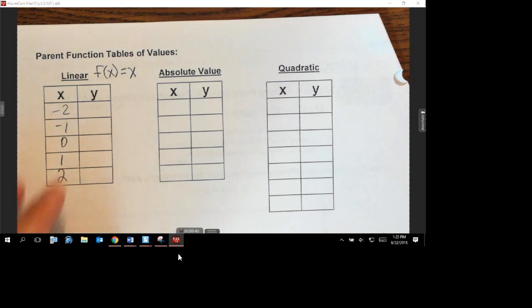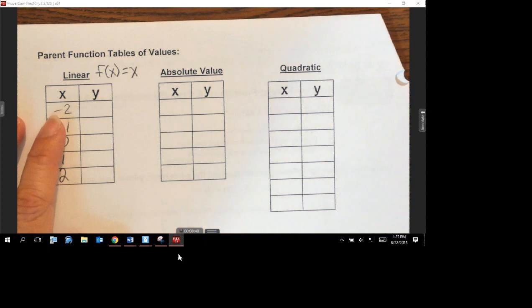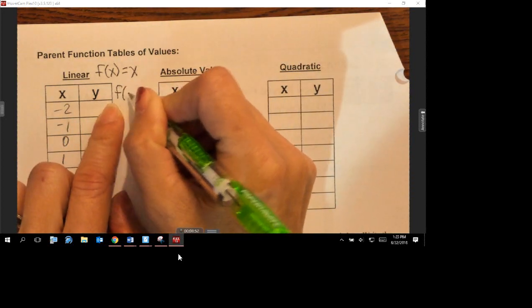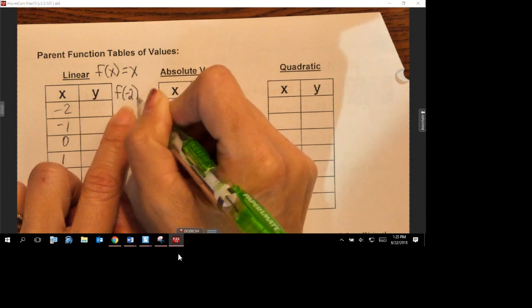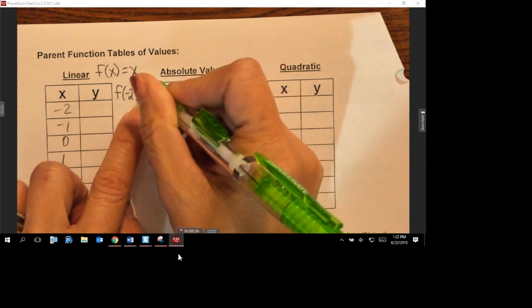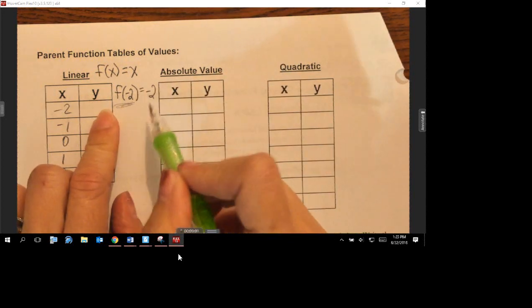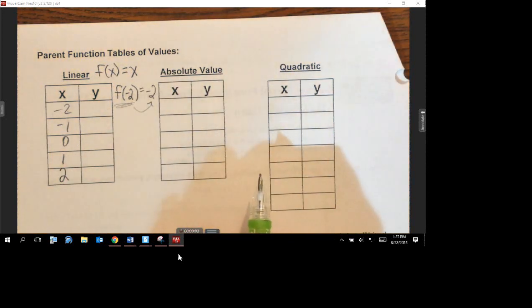If I put in -2, this is what it looks like. What is the value of the function when x is equal to -2? So there's x. I'm going to make it equal -2. What's the value of this function now? Y equals x.